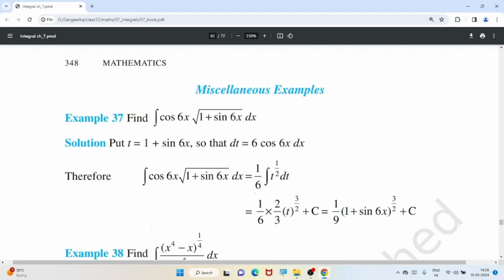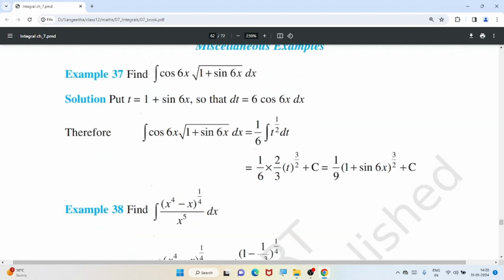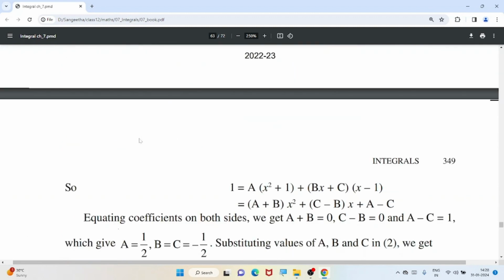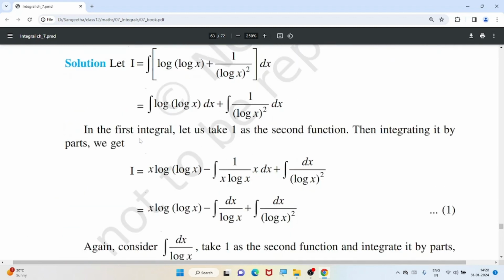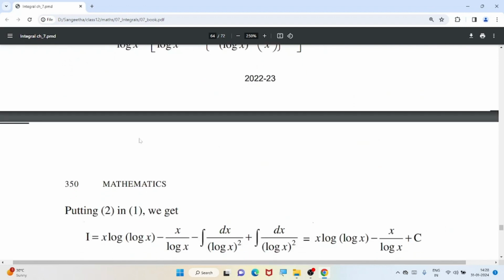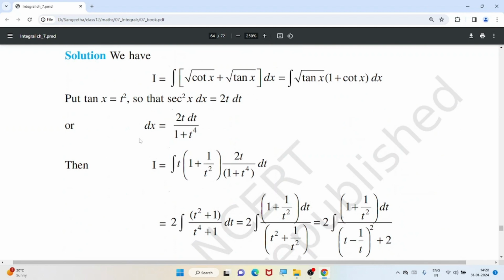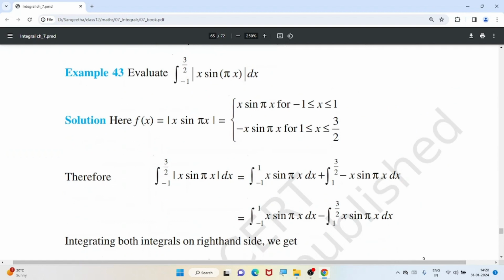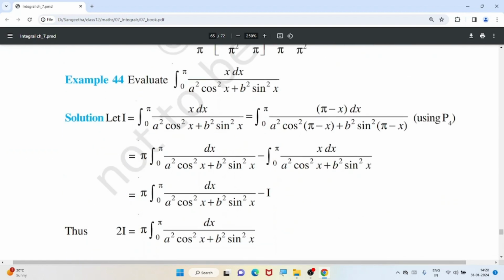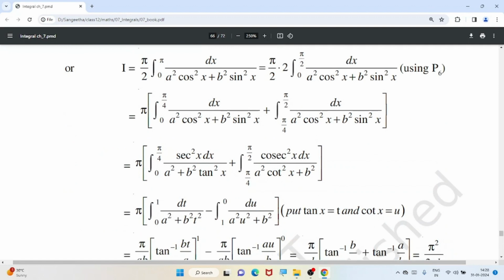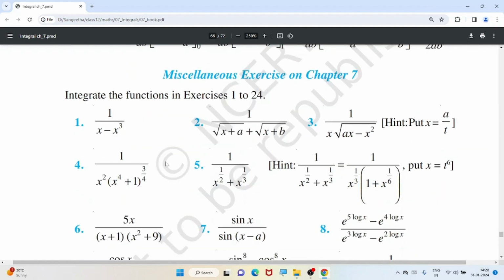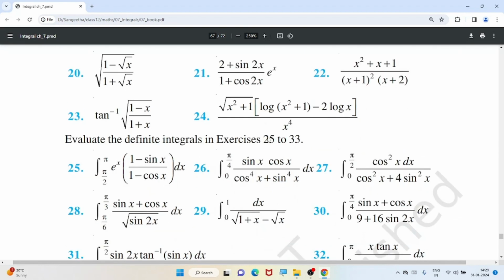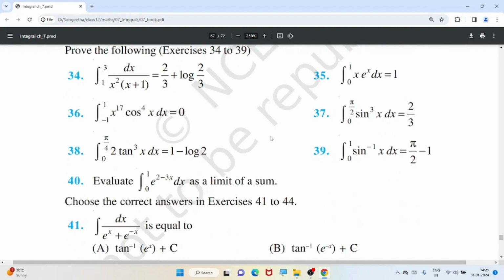These are the miscellaneous examples, so you can try these out also. Go through the reference videos attached in the description, and you will understand the various integration rules. After going through the video, try it out yourself.